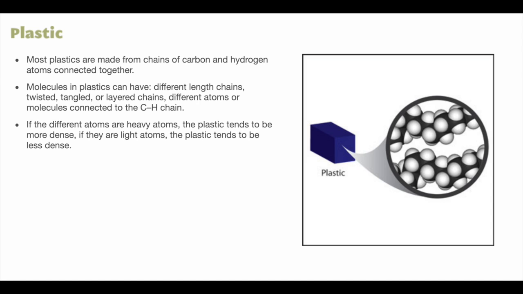Like most plastics, the polymers in polyethylene are made of carbon and hydrogen atoms. The carbon and hydrogen atoms are very light, which helps give plastics their relatively low density. Plastics can have different densities because different atoms can be attached to the carbon-hydrogen chains. The density of different plastics also depends on the closeness of packing of these polymer chains.